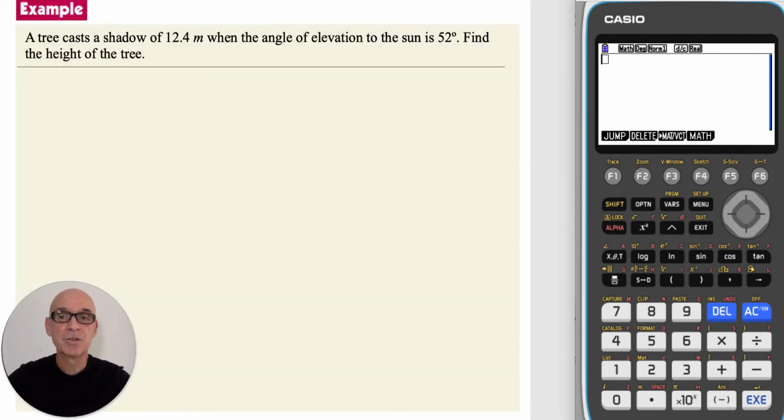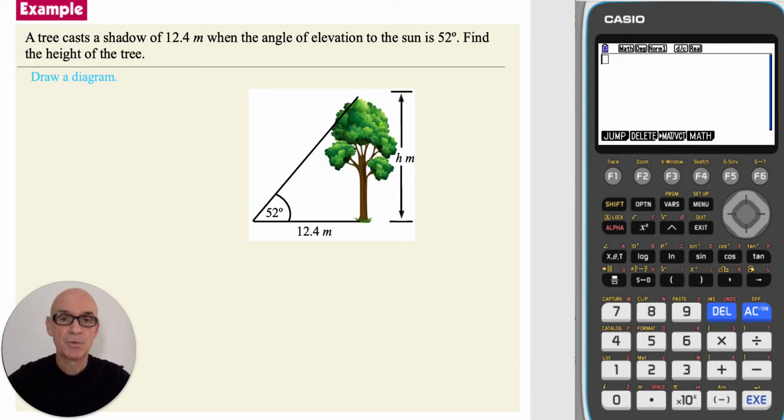In this question, we're asked to find the height of the tree. If we start by drawing a diagram, as shown, letting h be the height of the tree. We can use trigonometry to find h.